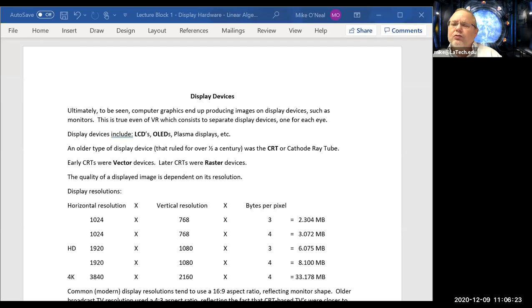A pixel, the word actually means picture element. Picture element is where the word comes from, and it's just a dot. And the tinier the dot and the more dots you have, generally the better the quality of the image.